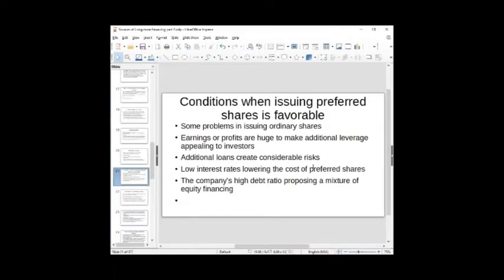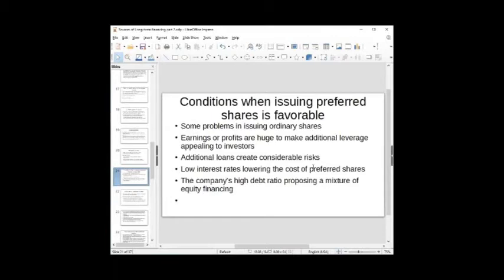Of course, instead of getting loans, you resort to having preferred shares open to the public because of the consideration of risk. The low interest rates lower the cost of preferred shares. So as I have said, the shares of stocks also consider the market conditions in terms of prevailing interest rates.